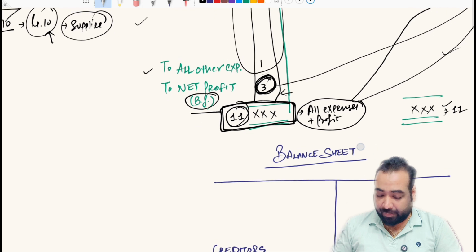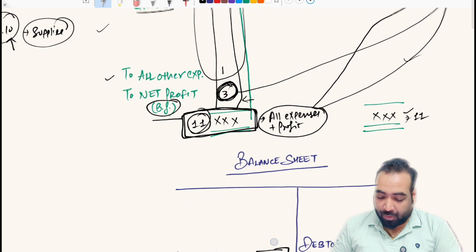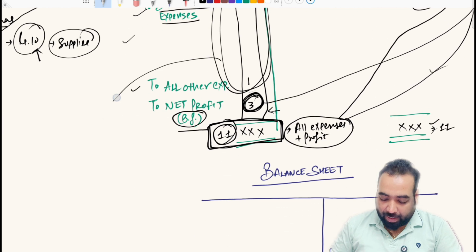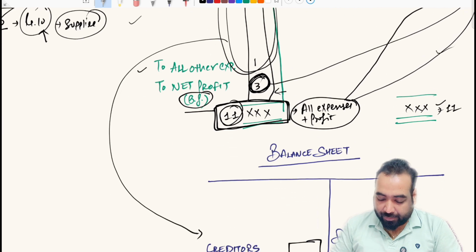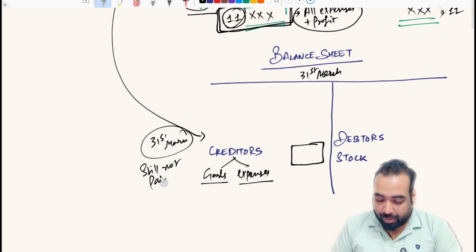For that, we will have to see the creditors figures, creditors for goods and creditors for expenses. These represent the amount of expenses as on 31st March, because the balance sheet is always prepared on the last day of the year, which are still not paid in cash.